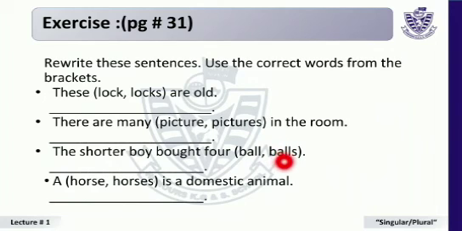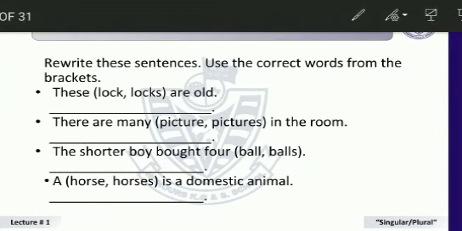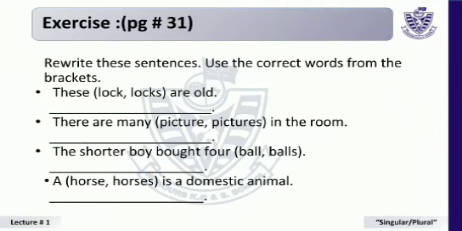We will choose balls from this bracket and we will write here the shorter boy bought 4 balls. Last one is a horse or horses is a domestic animal. We will choose single noun from this bracket and we will write here a horse is a domestic animal.